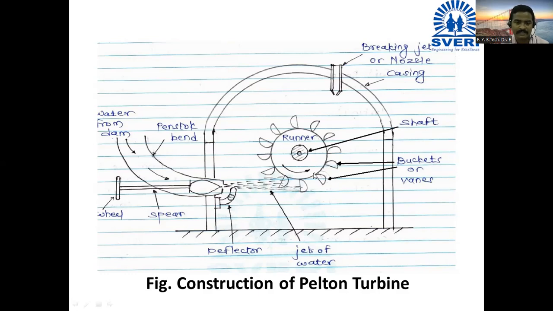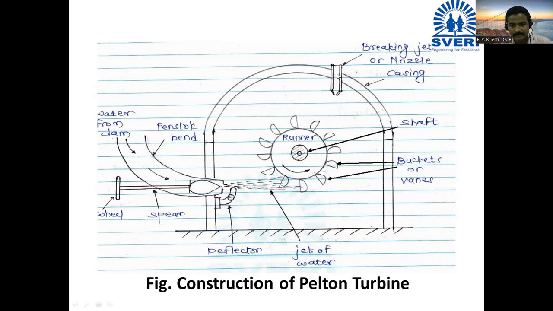Now, to stop the rotation of the turbine, the process followed is that we close the flow of water toward the turbine side by using the spear. You can just push the spear so that the flow can be controlled.